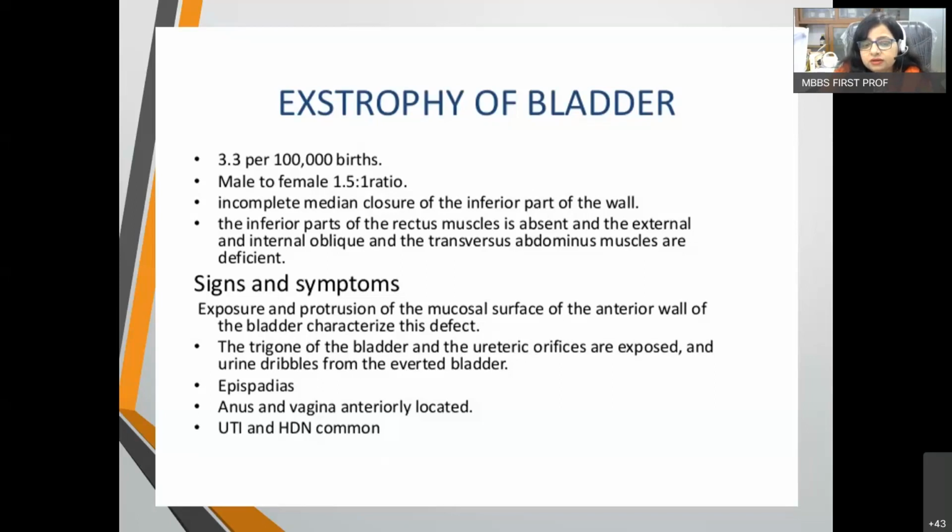Along with this, there are associated conditions, UTI, and the anus and vagina are anteriorly located along with the epispadias. That is the development of male external genitalia. We'll talk about it when we discuss the genital system.